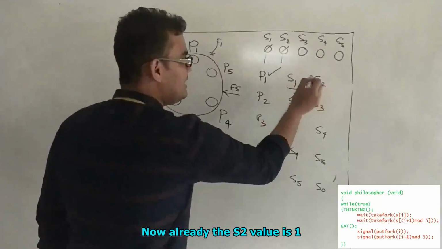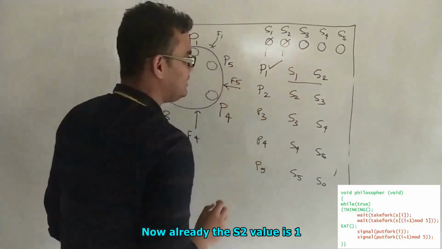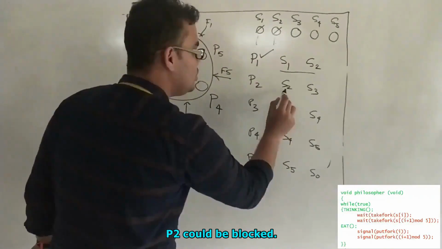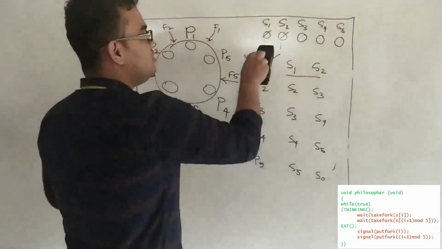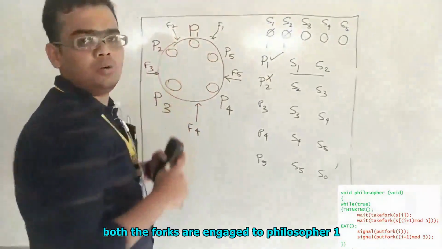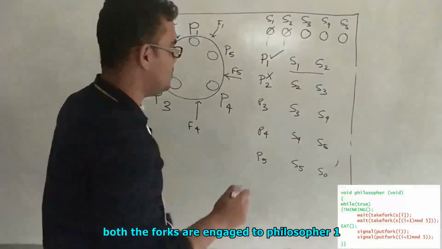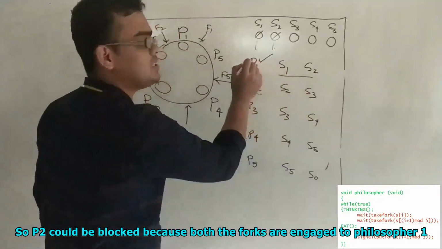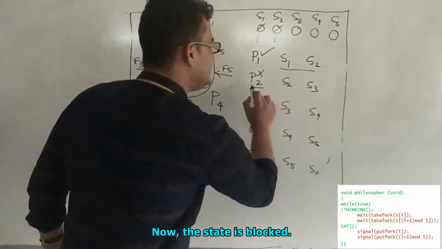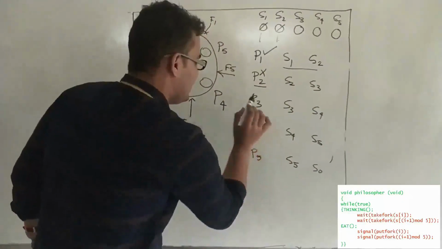Now the S2 value is already 1, so P2 is blocked because both forks are engaged by philosopher 1. Now this state is blocked.